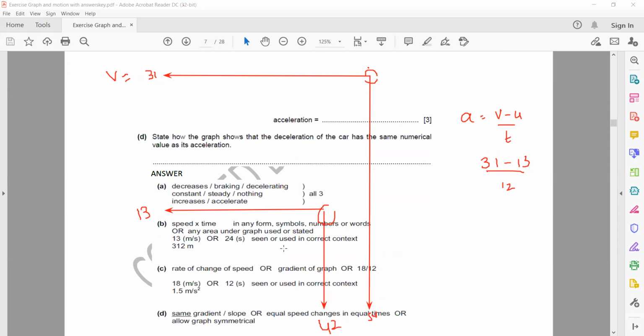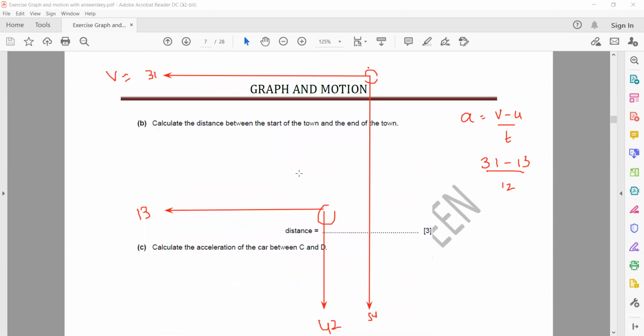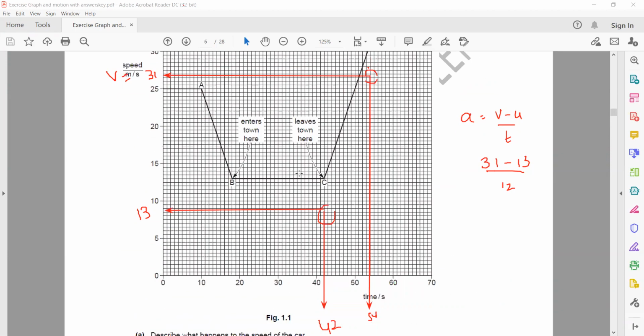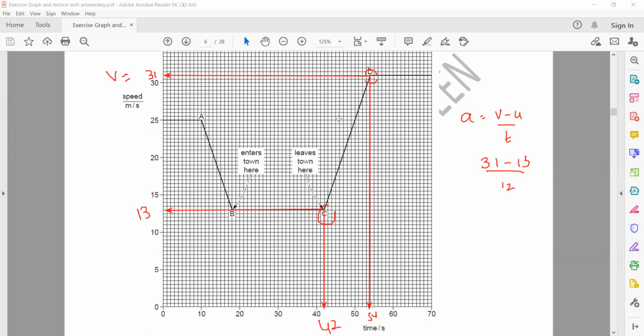It comes out as 1.5 meters per... V is not minus 4, V is 13 here, 31. V is the final speed because we need acceleration here. This is not minus 4, this is V minus U, the formula for acceleration.